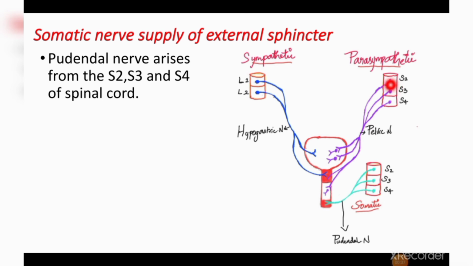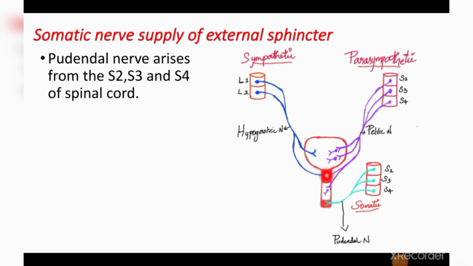As a result, the sacral segment will send a motor impulse through the pelvic nerve. The pelvic nerve will stimulate contraction of the detrusor muscle and relaxation of the internal sphincter. Relaxation of the internal sphincter with contraction of the detrusor muscle will cause urine to enter the urethra.